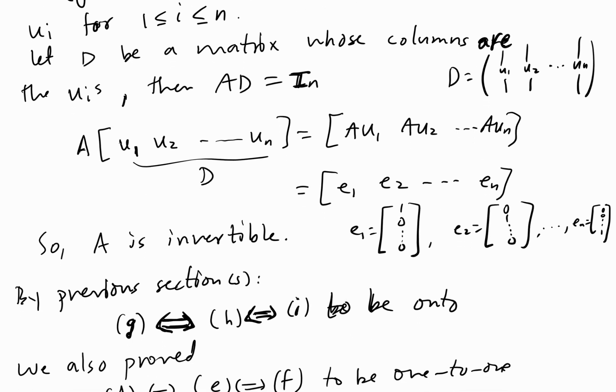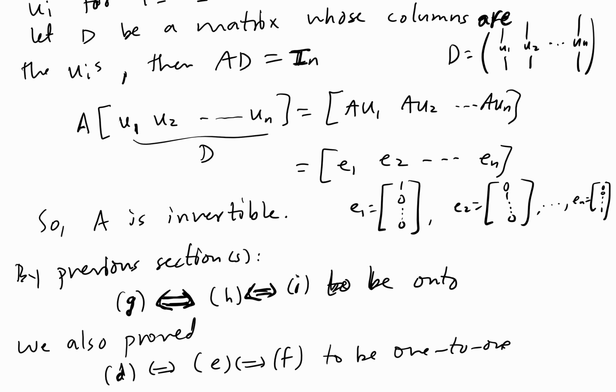We also proved, if you look back at the previous sections, D is equivalent to E and E is equivalent to F, being one-to-one and onto. I highly recommend you go back and work them out and try to see how to prove G equivalent to H, H equivalent to I, and the same thing with D, E, and F.